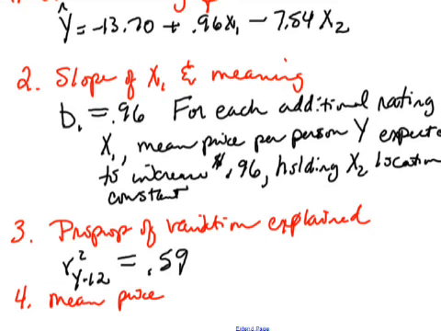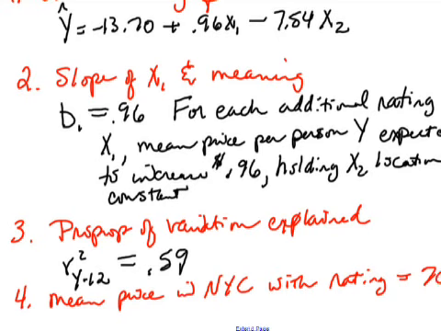Mean price in New York City with a rating of 70. In other words, 70 is x1. That is our rating. And let me remind you that location, New York City in this case, is a dummy variable, and we set this problem up so that if a restaurant were in New York City, x2 equals 0.